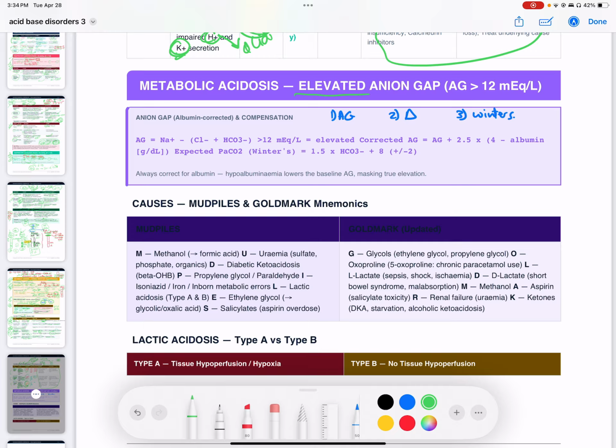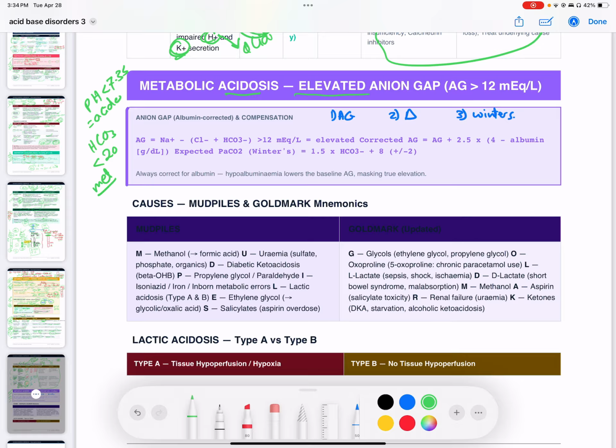In this last part of the acid-base disorders, we'll talk about metabolic acidosis with the elevated anion gap, or the high anion gap. So again, we looked at the VBG or the ABG. We found the pH less than 7.35, so we know it's acidosis. Then we looked at the bicarb and found it less than 20, so we know it's metabolic acidosis.